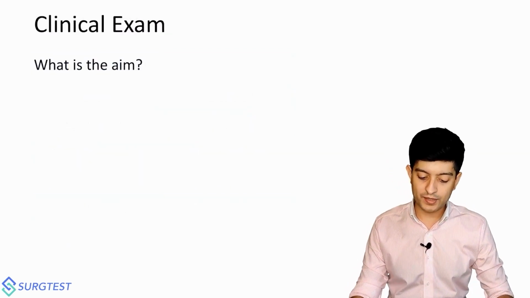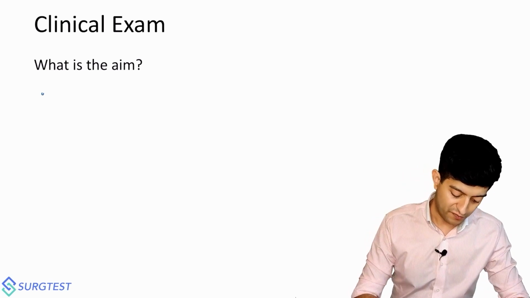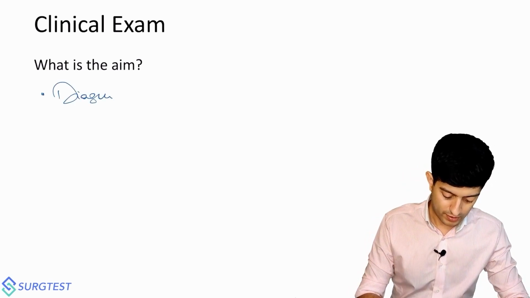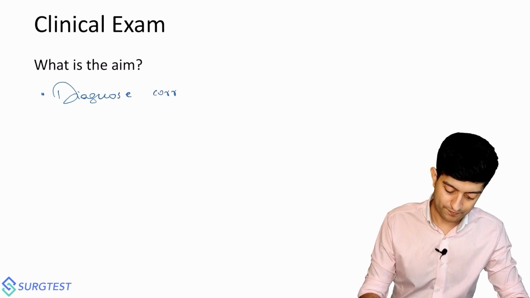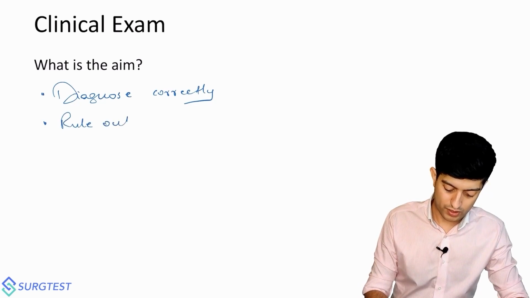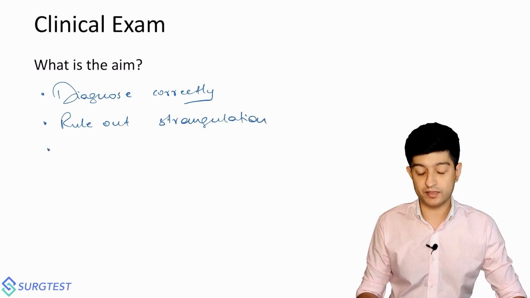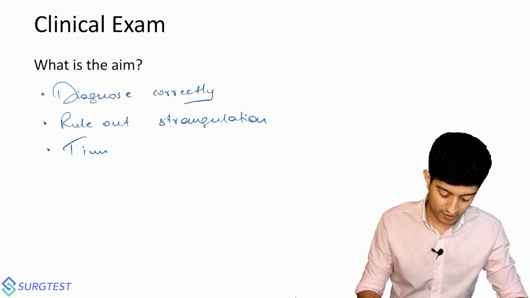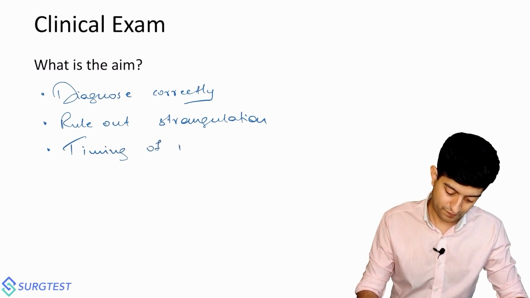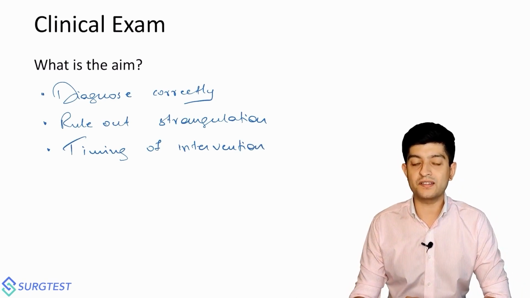When you perform a clinical examination of a patient with intestinal obstruction, you need to have certain aims in mind. The first thing you want to do is diagnose the issue correctly. The second thing you want to do is rule out any strangulation. A clinical exam is also imperative to decide the timing of intervention, because it is not just a single point clinical exam that is important in these cases.